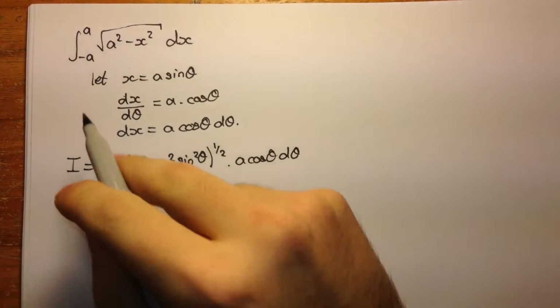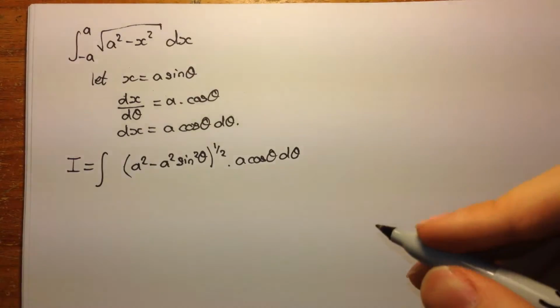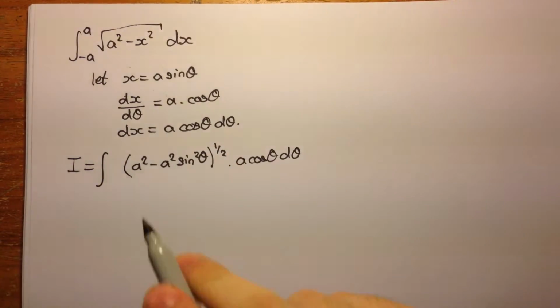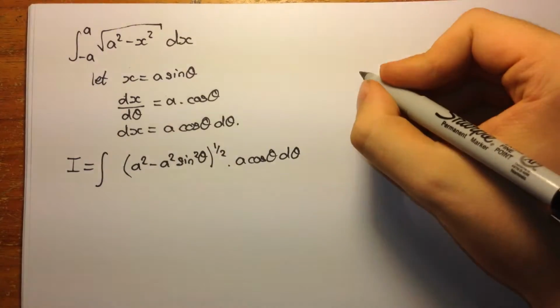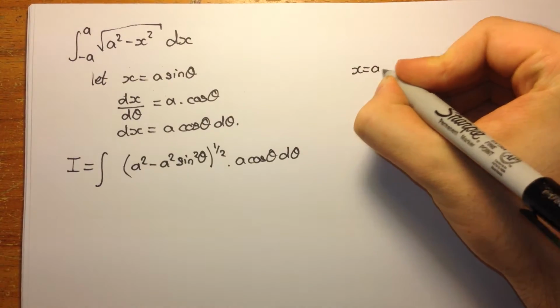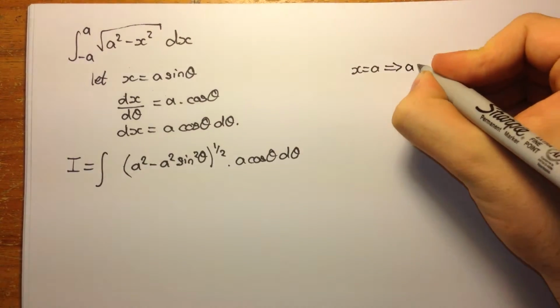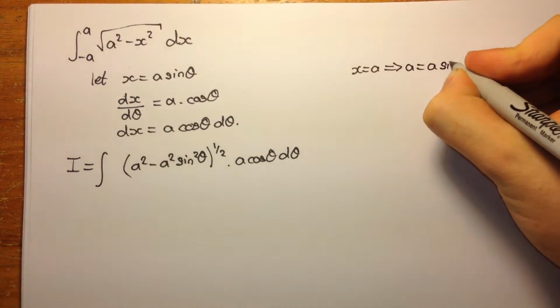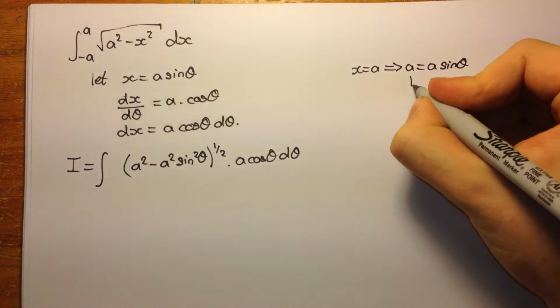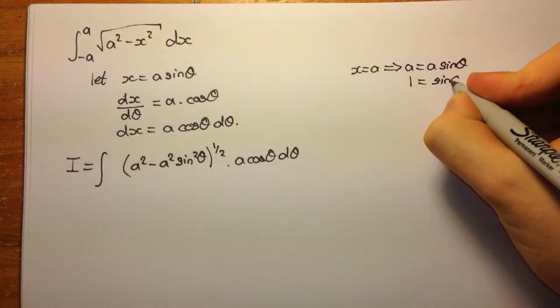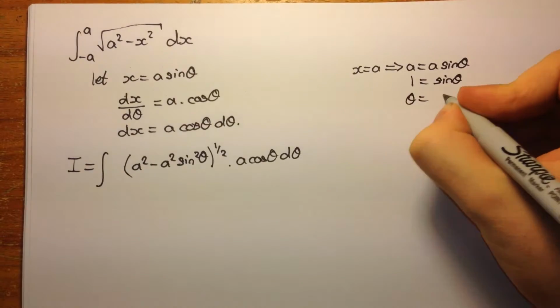Right. Now for our limits of integration, we need to change them to match this new variable that we've introduced. So when x is equal to a, we have that a equals a sine theta, and so 1 equals sine theta, and therefore theta is pi over 2.